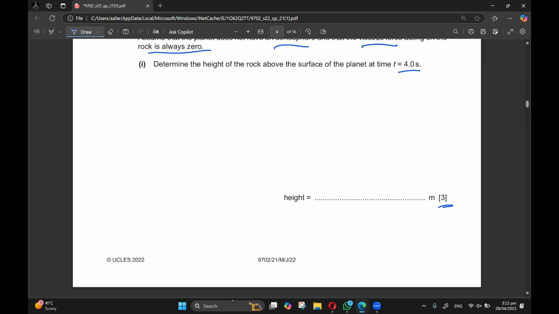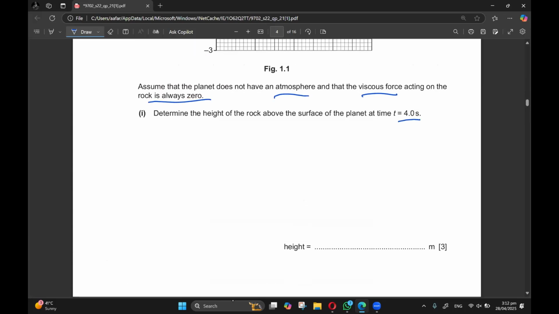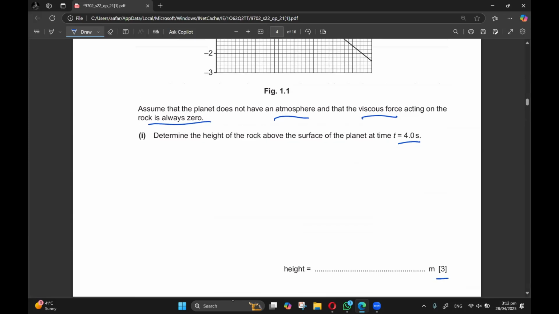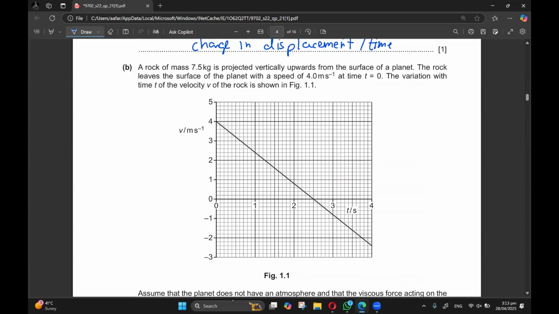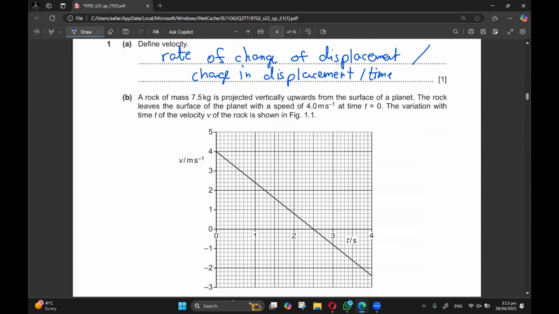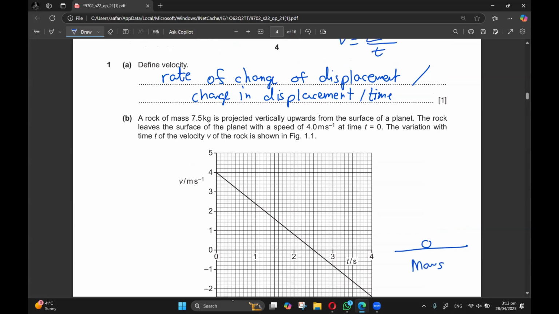Basically, you can almost estimate the difficulty of the question from the marks. 3 marks, so it's not going to be that simple. What's happening here is the rock, and this is the planet, let's say it's Mars or something. It's projected vertically at 4 meters per second.